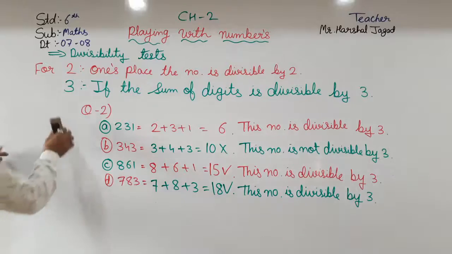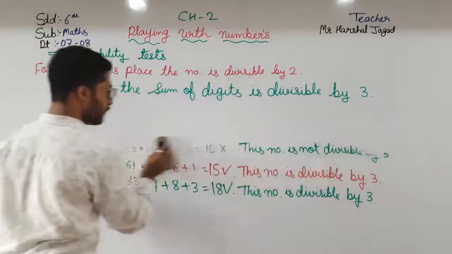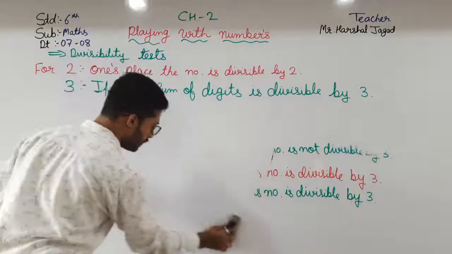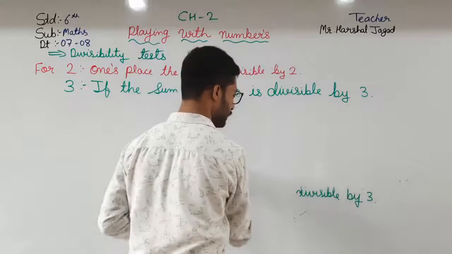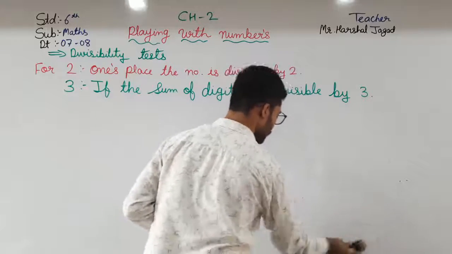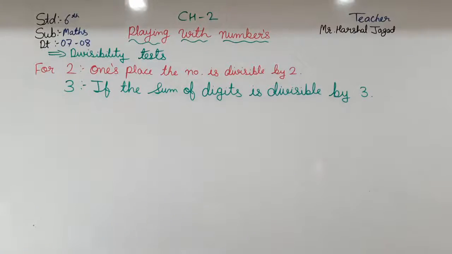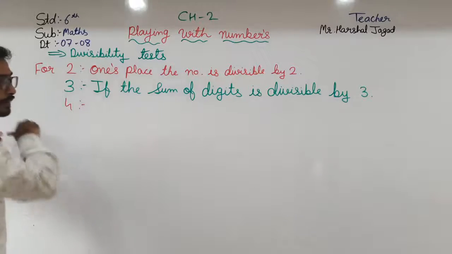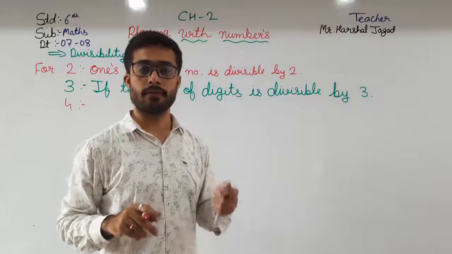Now moving towards 4. How can we know that the number is divisible by 4?